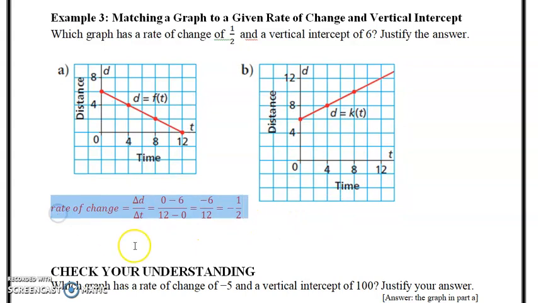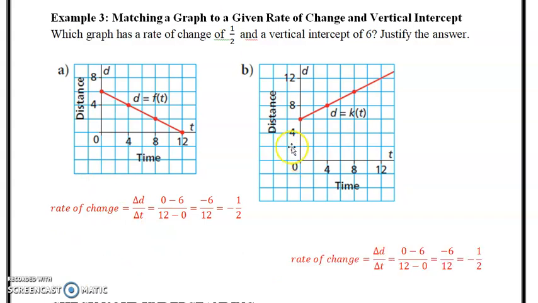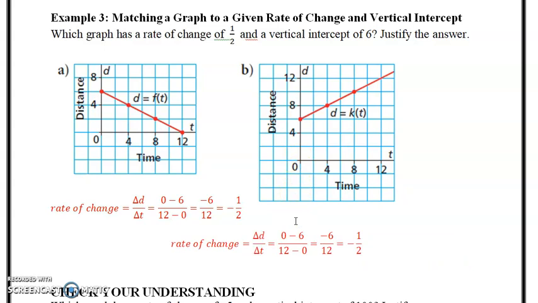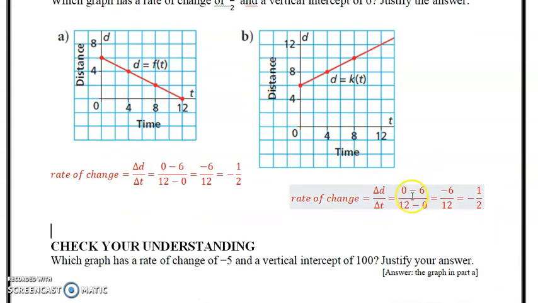Again, you can do the same thing with the B part, the rate of change. We can look at it again. It's distance over time. This time, pick any two points. We'll pick the first and the third point. It doesn't make a difference. I go right minus left, or final minus initial.